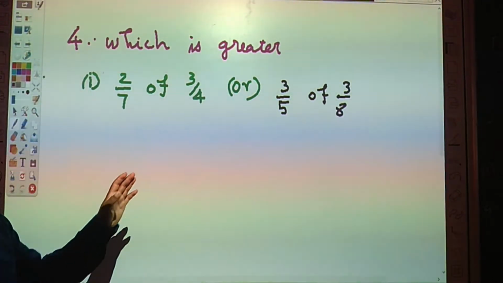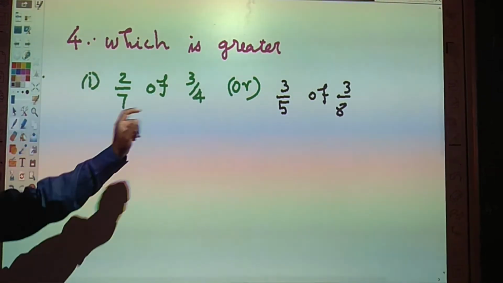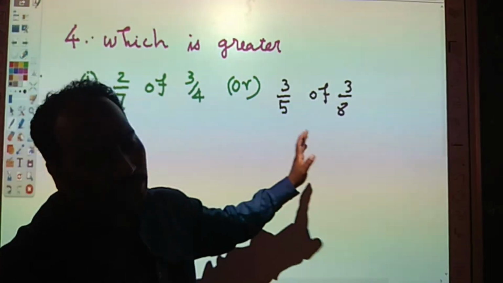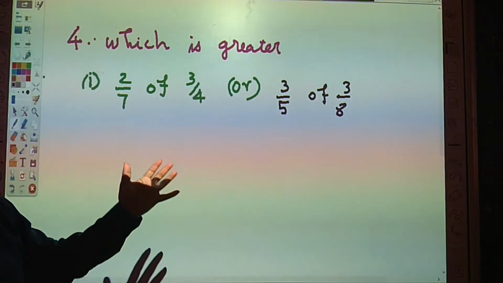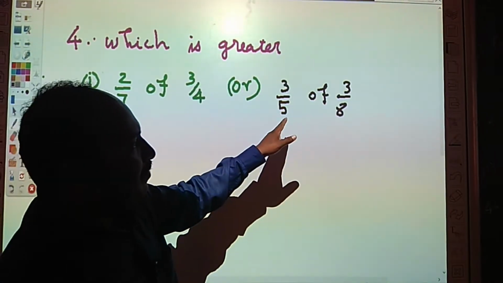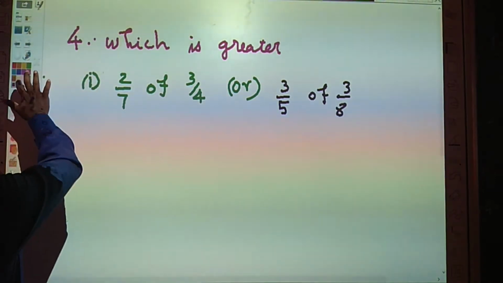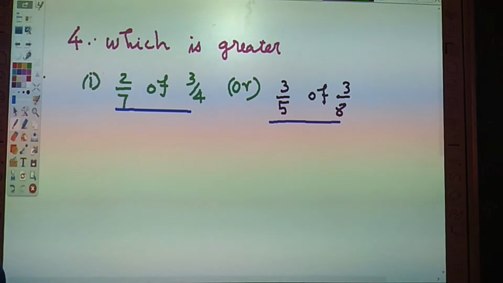We solve the first and second terms. The first one is 2 by 7 of 3 by 4. It is compared to the second one, 3 by 5 of 3 by 8. So which is greater? We compare the two numbers.